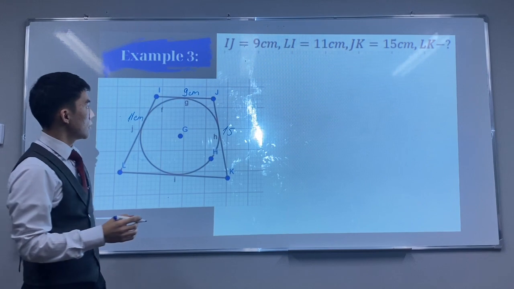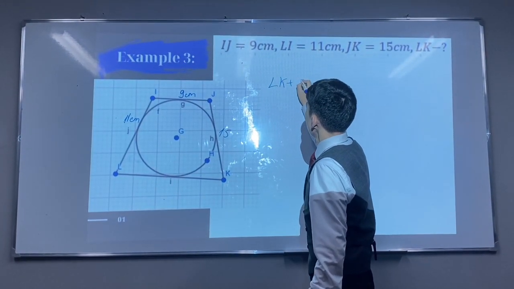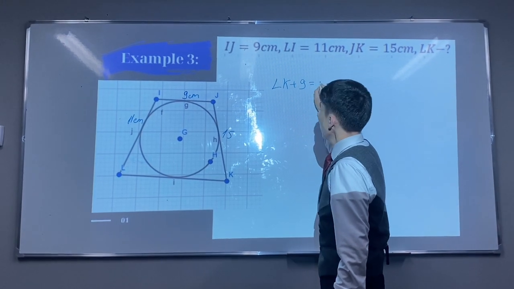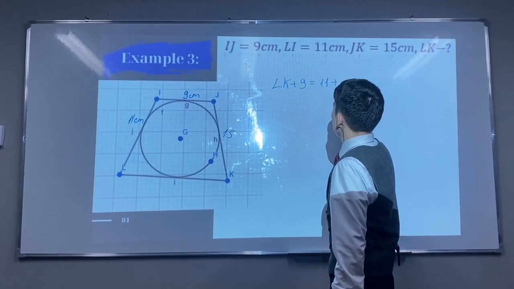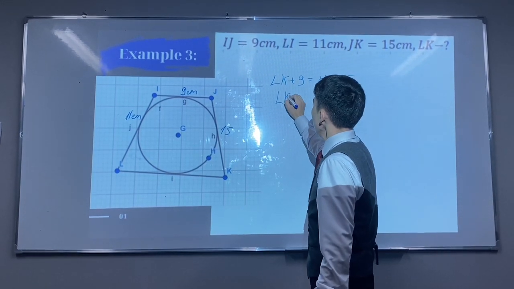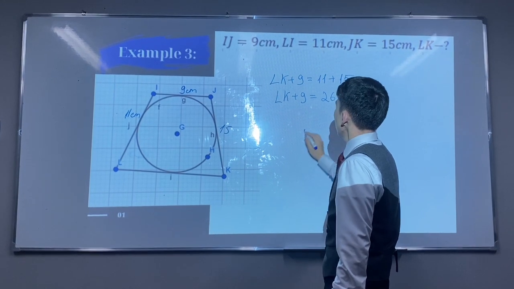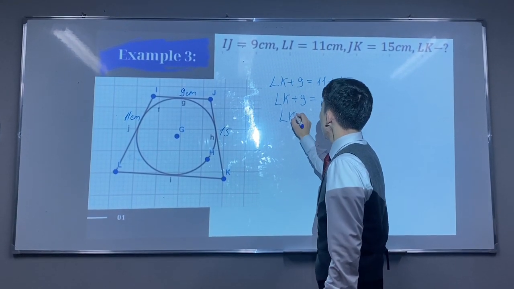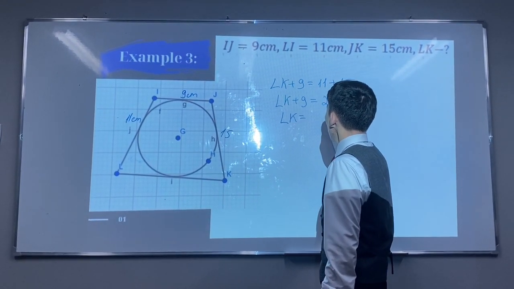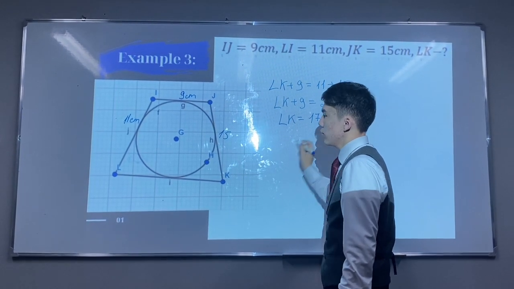By our theorem, LK plus 9 equals 11 plus 15. Then LK plus 9 equals 26, so LK equals 17 centimeters.